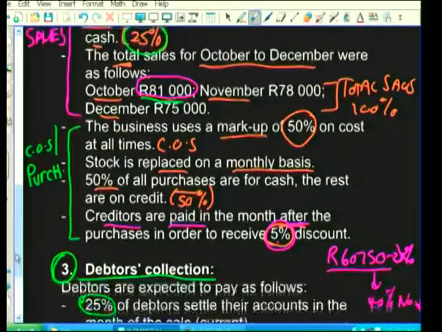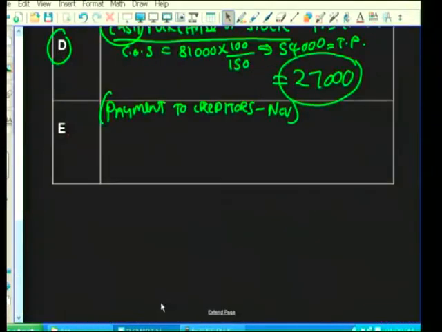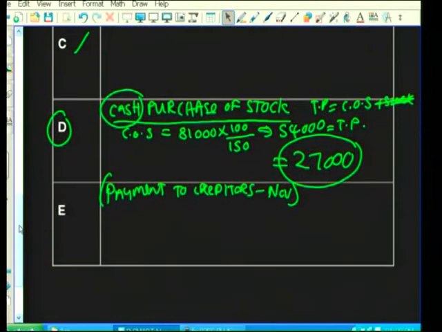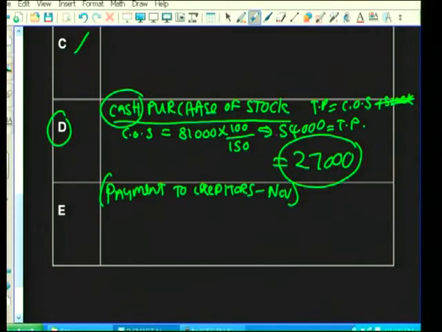So again, if we go to the information in the month of October, I've got 81,000, that's my sales. I'm going to go quickly back to your answer sheet, because we already did this. Your total purchase was 27,000, sorry, not 27,000, it was 54,000. I'm looking at the wrong amount. Remember, the 27,000 represented my cash purchase.